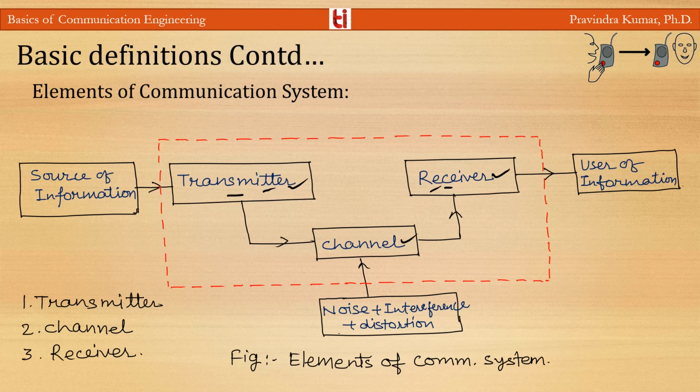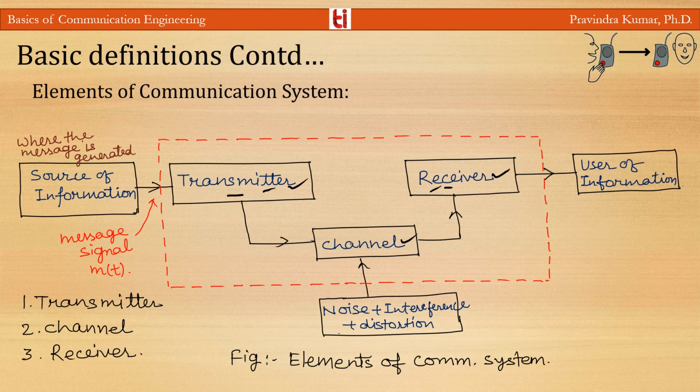The purpose of the transmitter is to convert the message signal produced by the source of information into a suitable form for transmission over the channel. So here the source is the generator of the information, and it generates the message signal m(t).